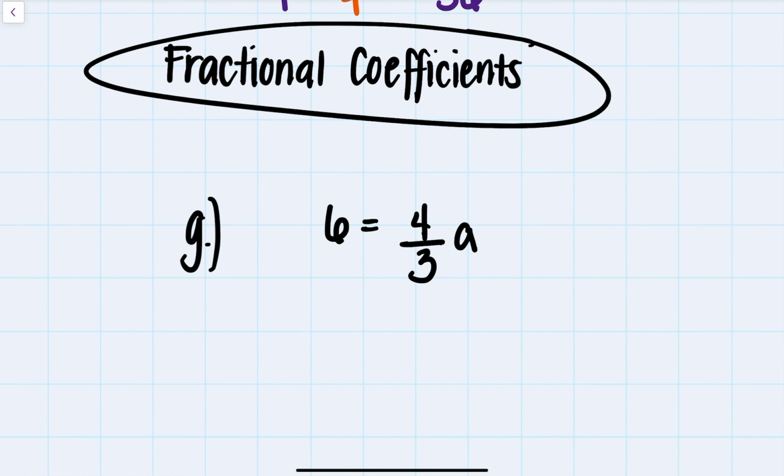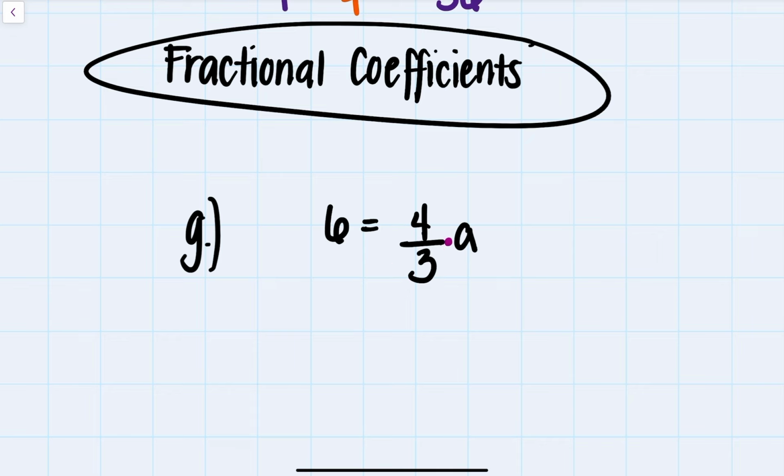We have example G, where we have 6 is equal to 4/3a. Once again, the operations happening here are multiple: there's multiplication and there's division. But in reality, if I consider this number as one single number, it's just multiplying.